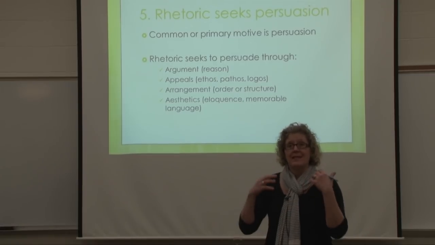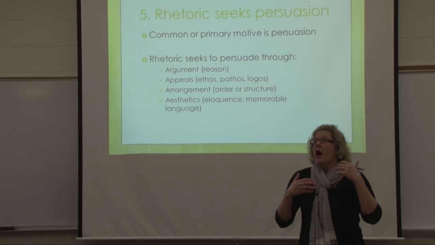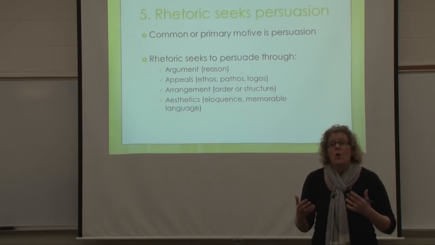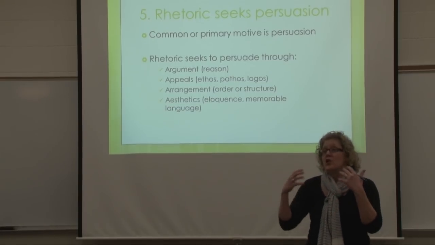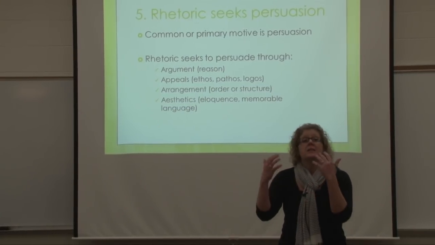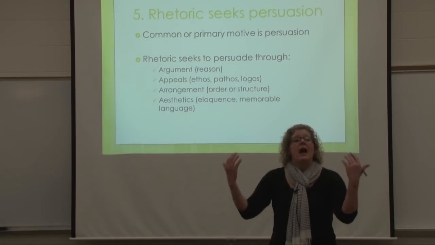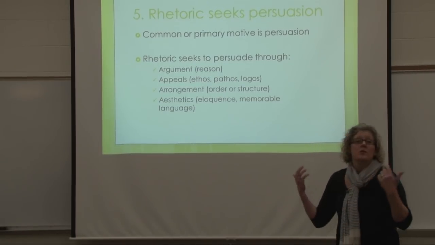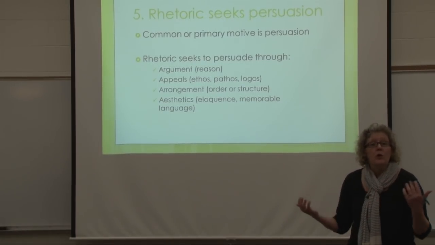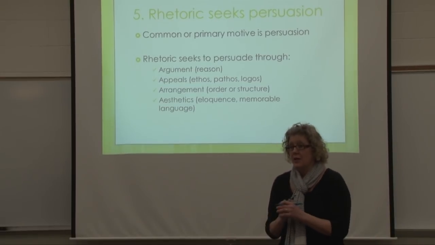So logos isn't logic like a syllogism or like in geometry, where you have proofs. That's logic. The logic that works to persuade people in a rhetorical realm are cultural logics.